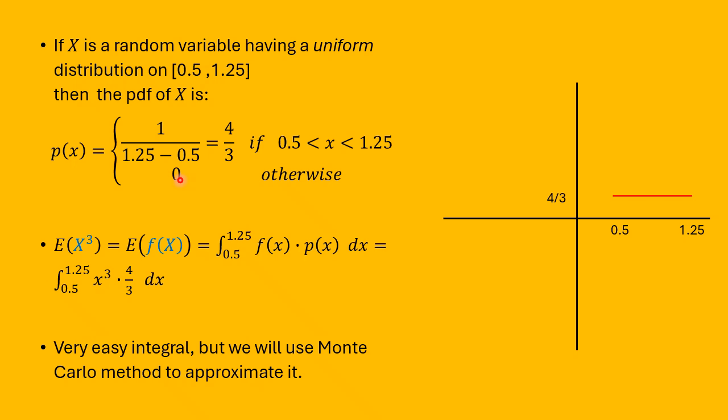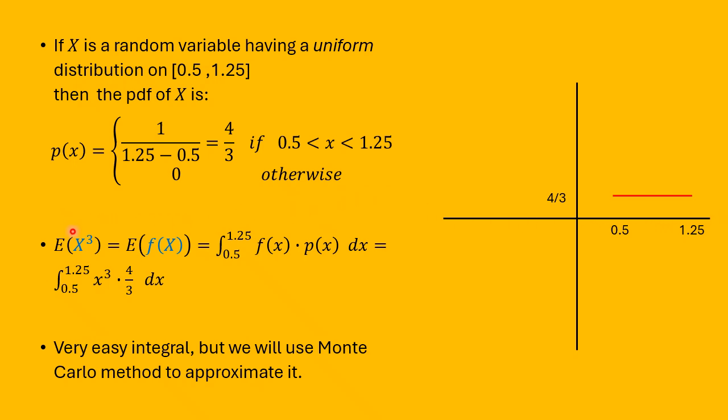P of x will be 0 otherwise. So the graph of it looks like what we have over here. The density function is 0 until we get to 0.5. Then it jumps up to 4/3, is constantly 4/3 for x values until we get to x equals 1.25. And then p of x jumps back down to 0 the rest of the way.